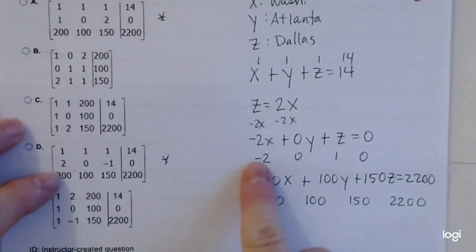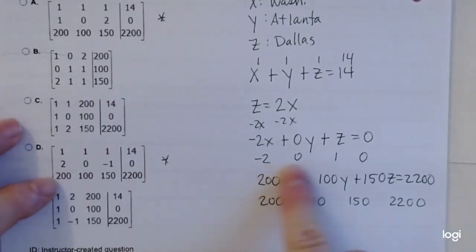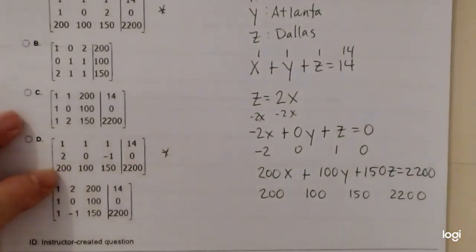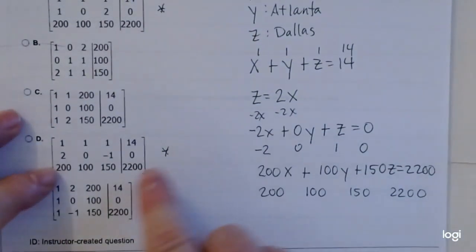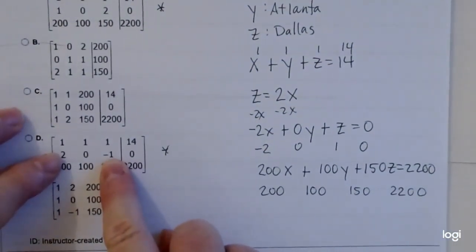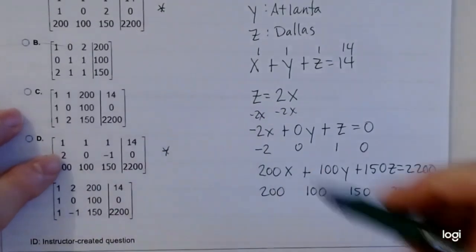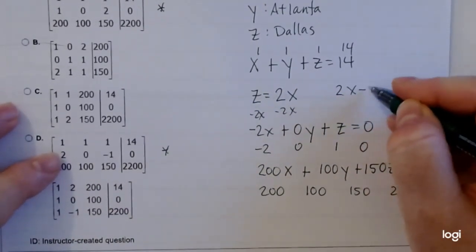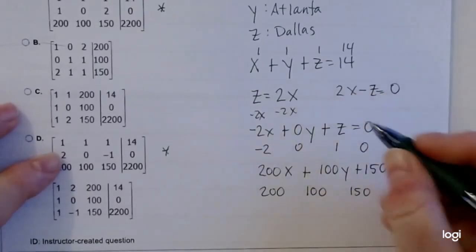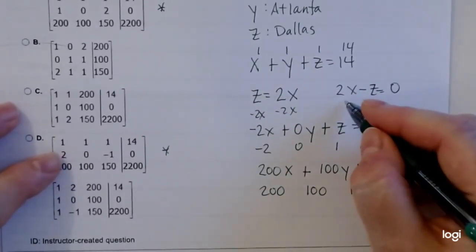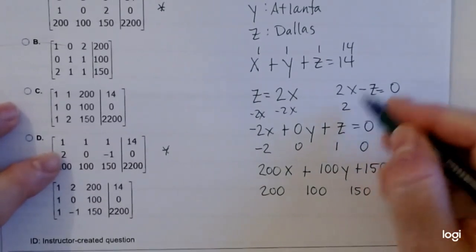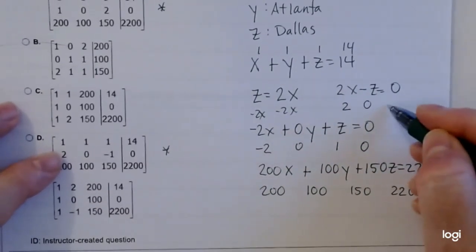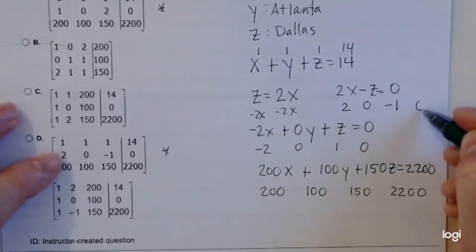Now, one of the things we have to look at here is the fact that this could have been done the other way. And I think in this one, that's what's going on. Instead of moving the 2x over, they moved the z over. So we have 2x minus z equals 0. So that would be a 2 in the x. There are no y's, so that would be a 0, a -1 for the z, and a 0 over here.